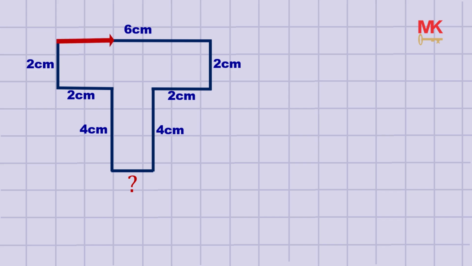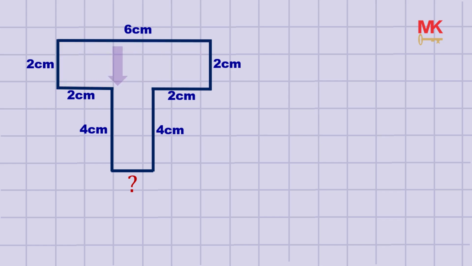The length from here to here is equal to the length from here to here because they are opposite sides of the rectangle. If we consider the rectangle again, its length is 6 centimeters, which means that the full length of the opposite side is also 6 centimeters.